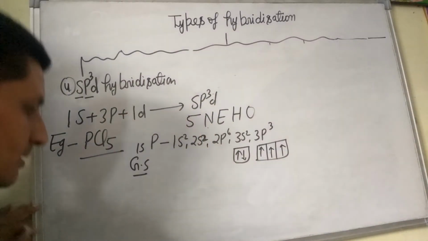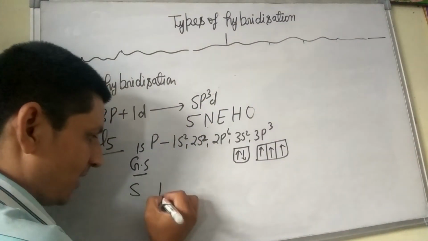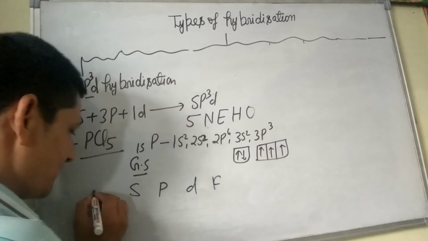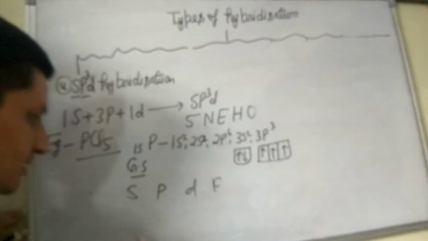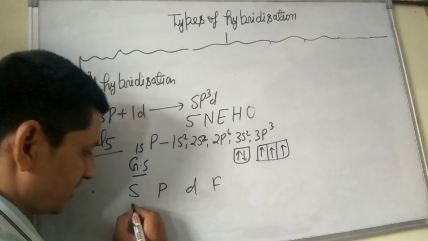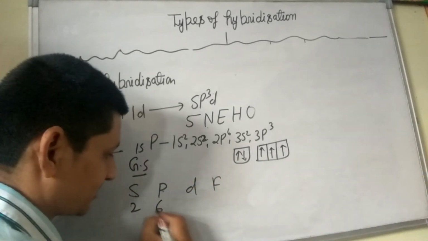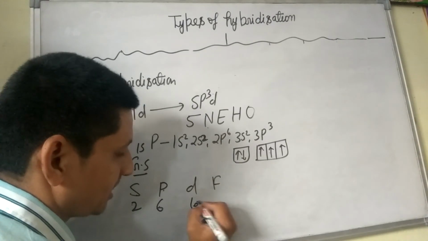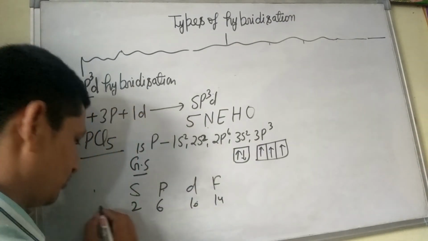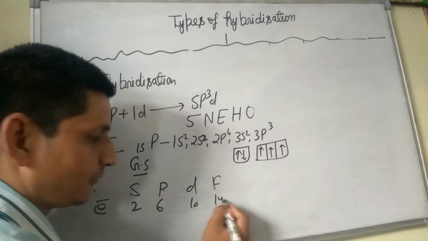Important point, the number of electrons in s, p, d, f: this is the important point you have to learn, students. S orbital contains 2 electrons, add 4, 2 plus 4 is 6, 6 plus 4 is 10, 10 plus 4 is 14. So electrons are 2, 6, 10, 14.